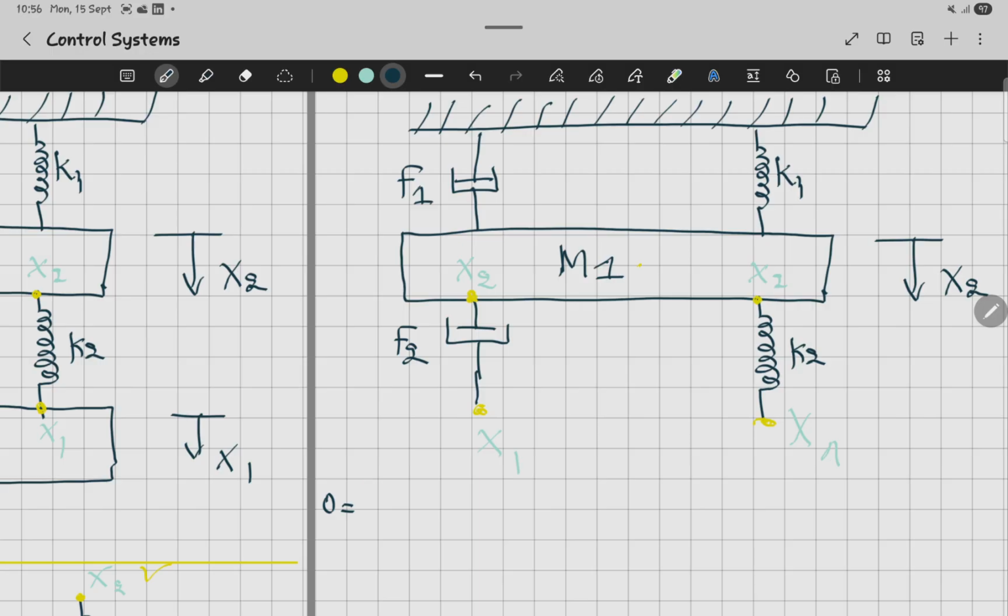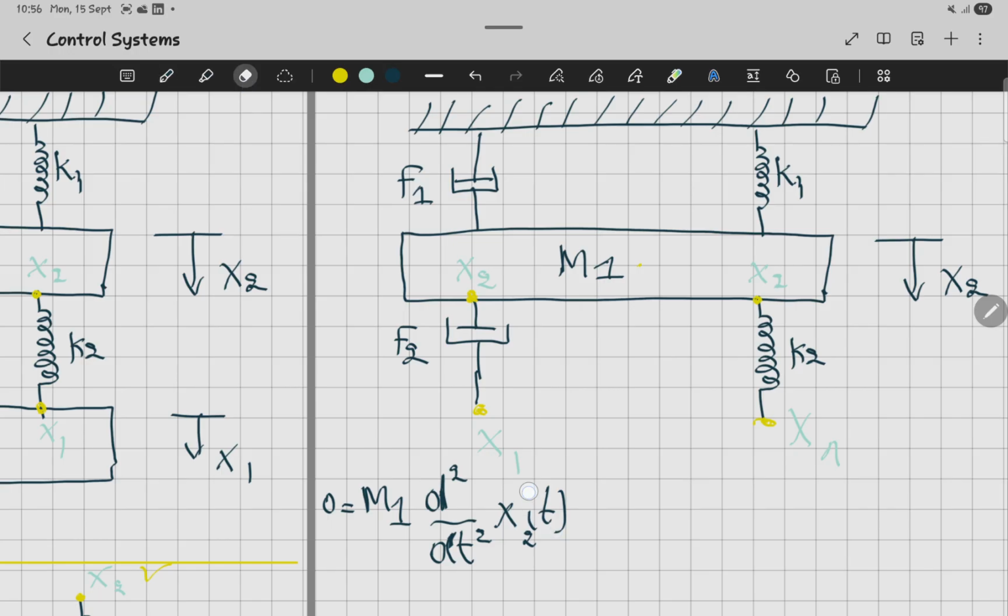We start with m1 d squared over dt squared of x2.